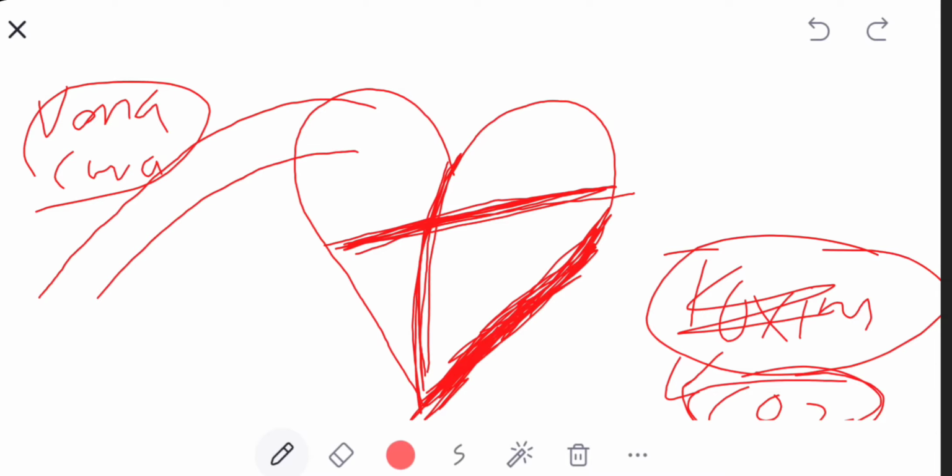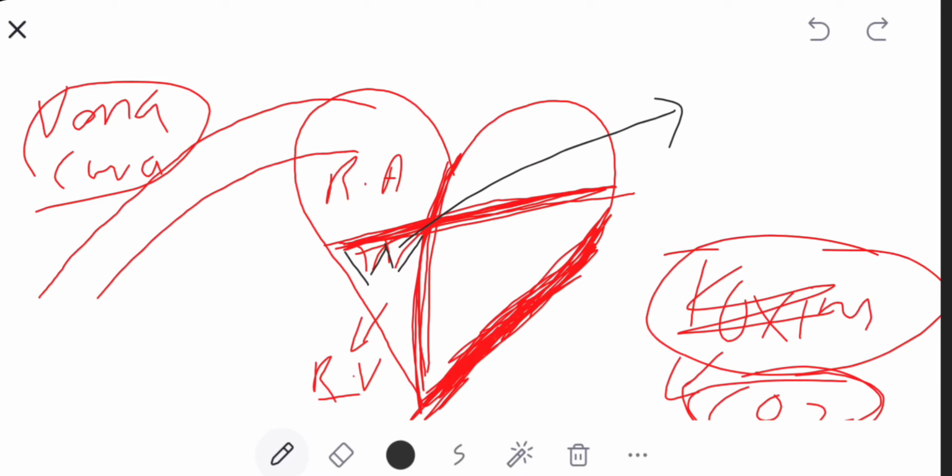And let me tell you what this part of the heart is. This part of the heart is known as the right atrium. From the right atrium, the blood goes towards another chamber, which is known as the right ventricle. But one thing I need to clarify: this small structure that I have drawn, these triangles, are actually known as valves.